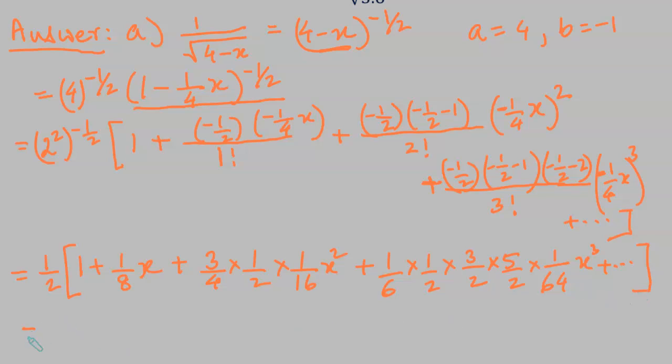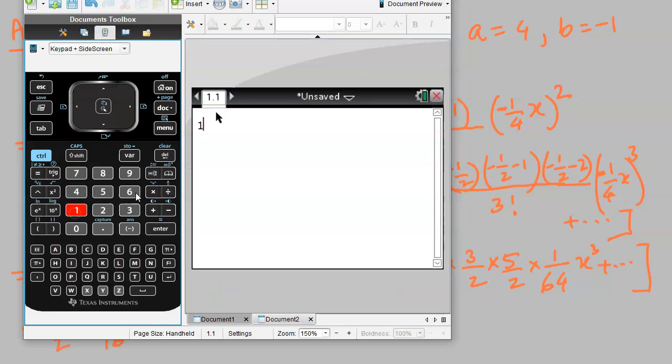So now we can open the bracket. Half times 1 is half, plus half times 1 over 8 is 1 over 16 x, and then what is it? It is 2 times 2 is 4, 4 times 4 is 16, so it is 16 squared. Okay. So 16 square is 256.